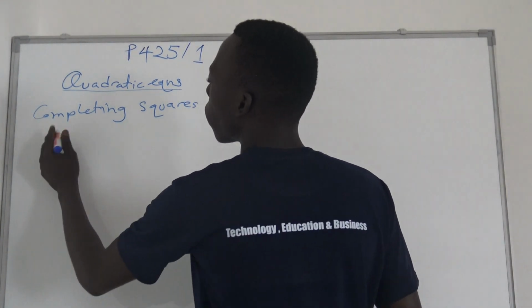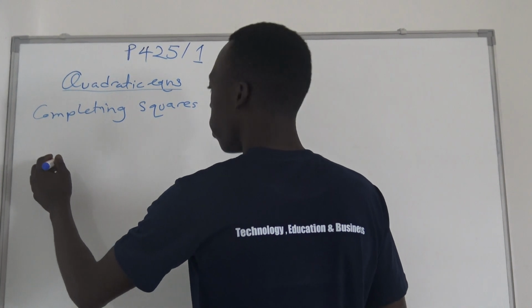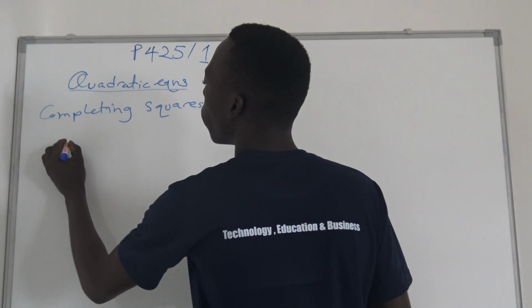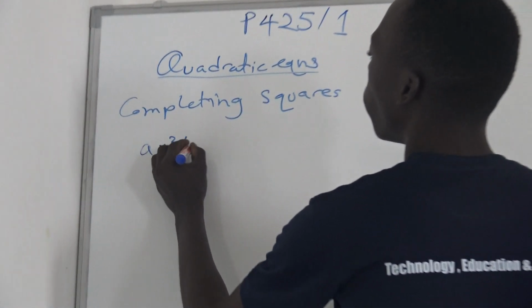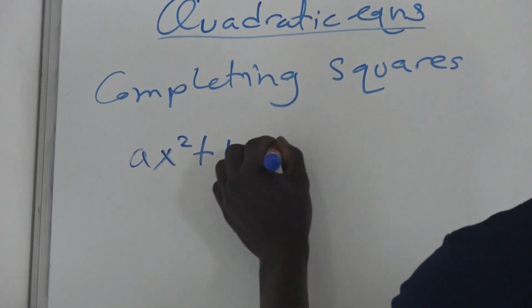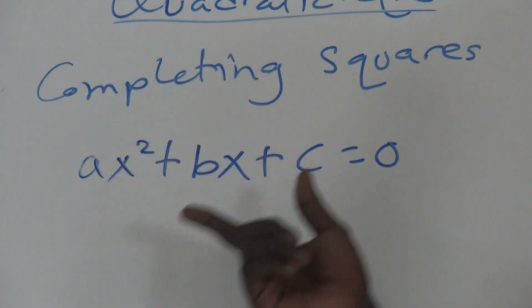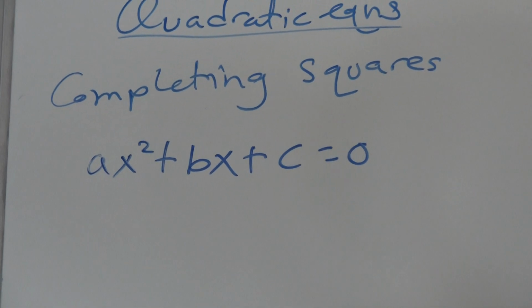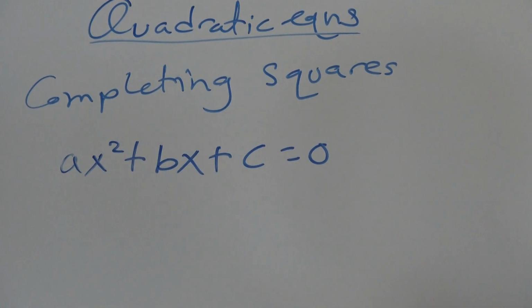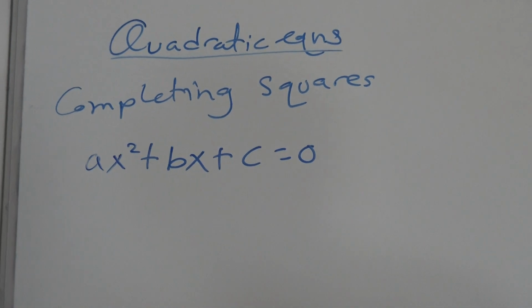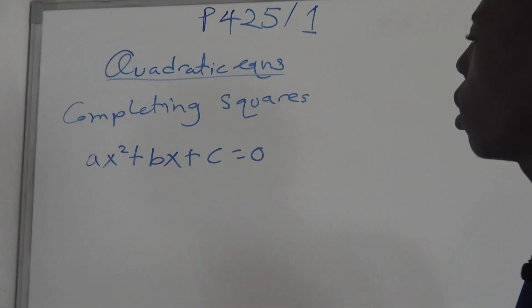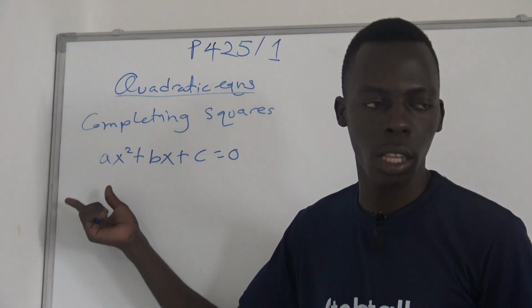So if the quadratic equation is given in the form of ax squared plus bx plus c equals 0, how can we apply completing squares so that we can get the answers? The first thing is to note the equation.